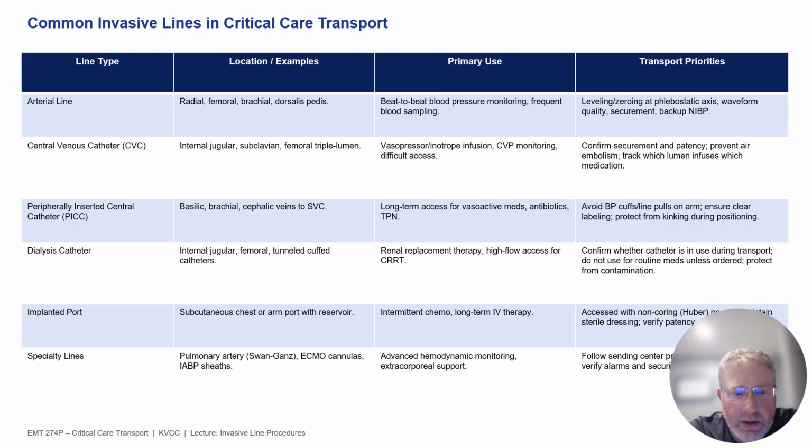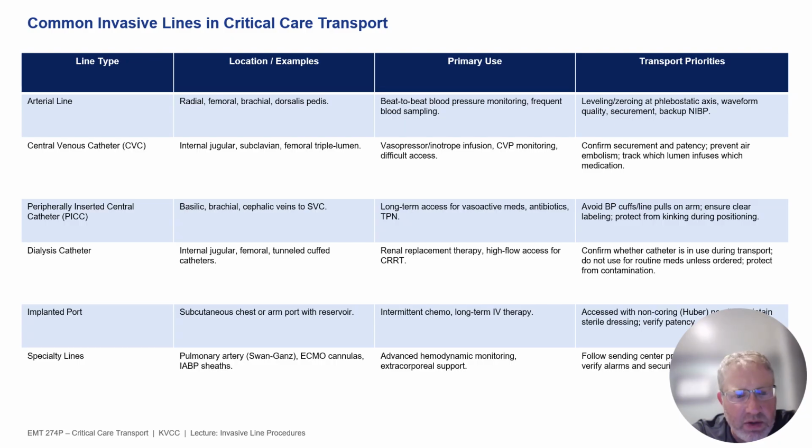PICC lines are usually in the basilic or the brachial or the cephalic veins to the SVC. Primary use is long-term access for vasoactive meds, antibiotics, TPN, things like that. En route, when you have somebody who has a PICC line, always avoid doing blood pressures on the affected arm. Ensure that there's clear labeling and always keep the line patent, protected from kinking during repositioning and things like that.